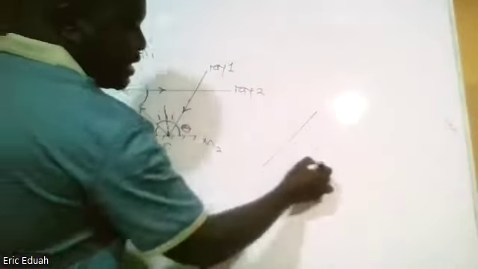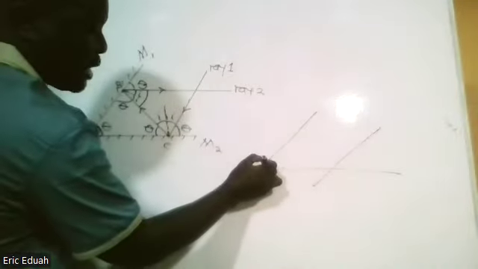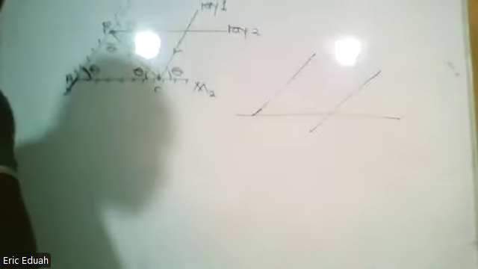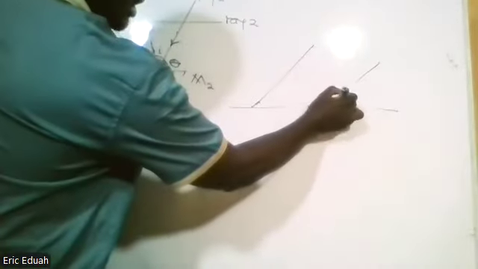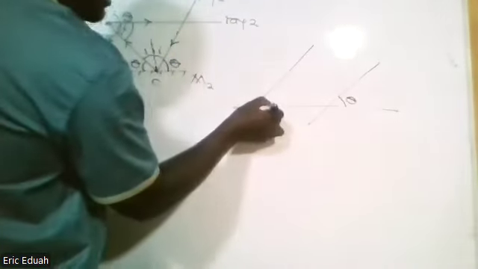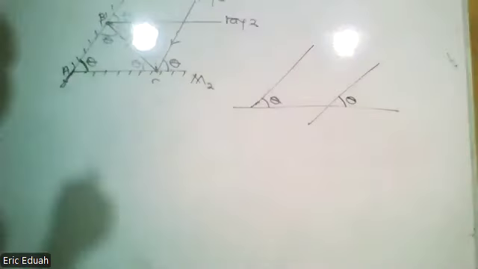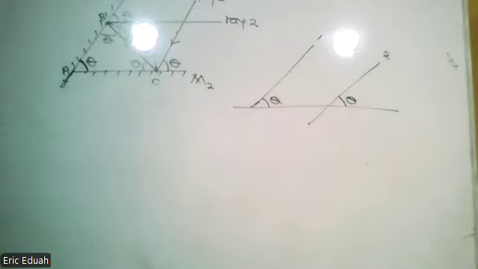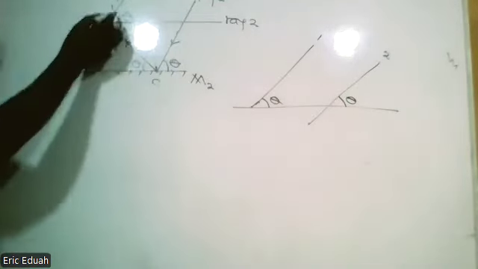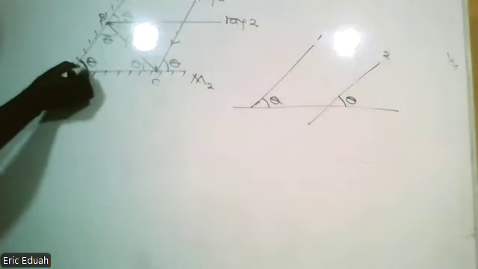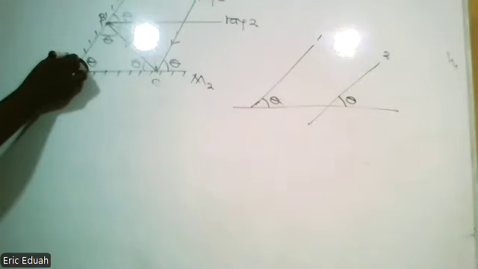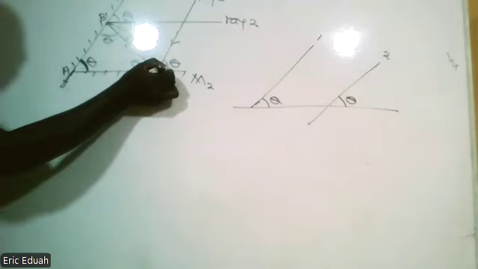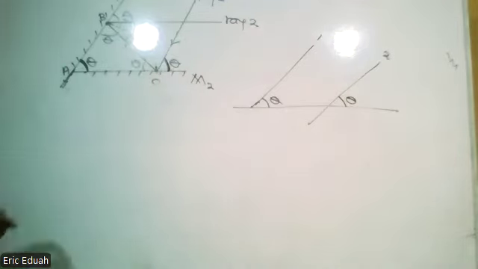So if this line is parallel to this line, then when I draw a horizontal, the angle between the ground and this line, if it's theta, must be the same as this angle. Why? Because the lines 1 and 2 are parallel. So if ray 1 is parallel to mirror 1, then the angle between the two mirrors, which is theta, must be the same as the angle between mirror 2 and ray 1. So this is theta, this is also theta.